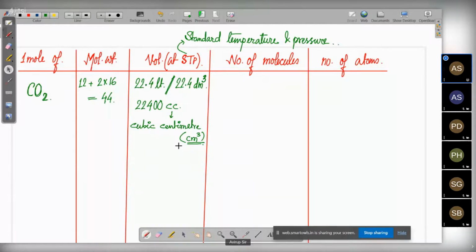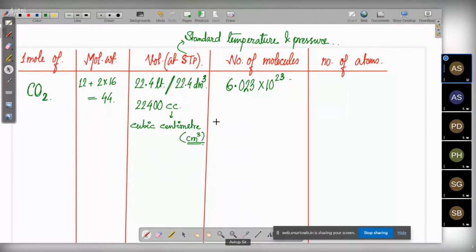Whatever gas you are taking at standard temperature and pressure, it is going to have the same volume. And in one molecular weight, how many molecules will be there? There are Avogadro number of molecules, 6.023 into 10 to the power of 23.